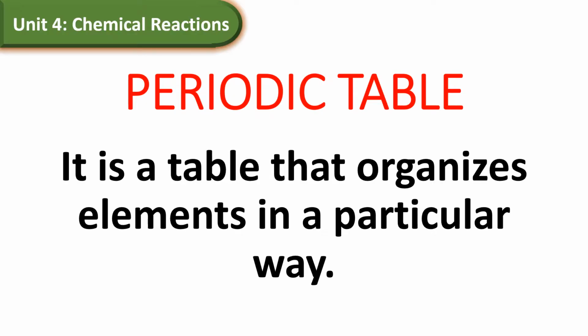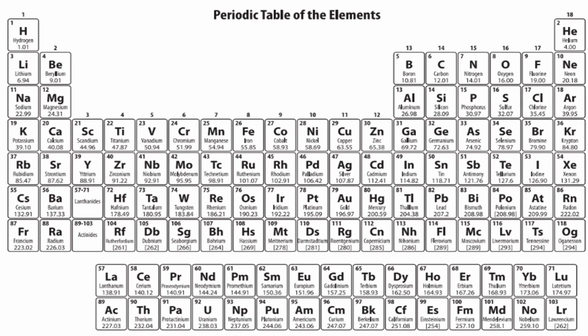So what is a periodic table? It is like a simple table wherein it organizes your elements in a particular way. Your periodic table is classified according to metals, metalloids, or non-metals. So let me just shade this part. Boron, silicon, germanium, arsenic, antimony, tellurium, and polonium are like the separator of your periodic table.